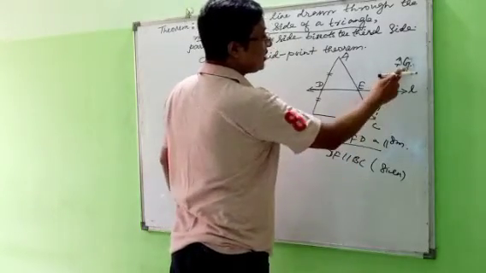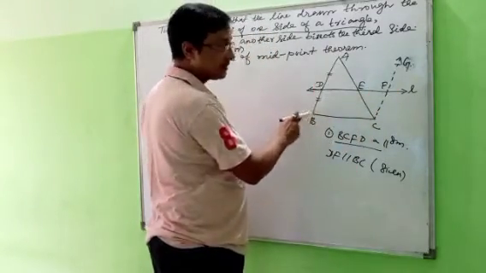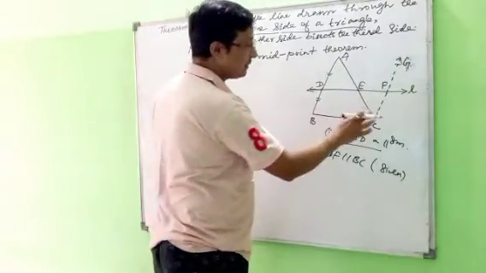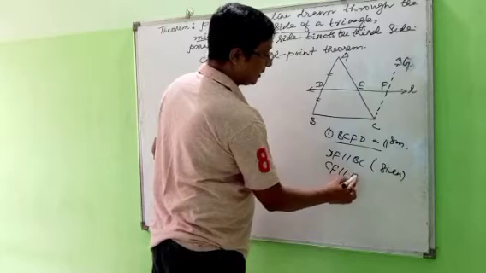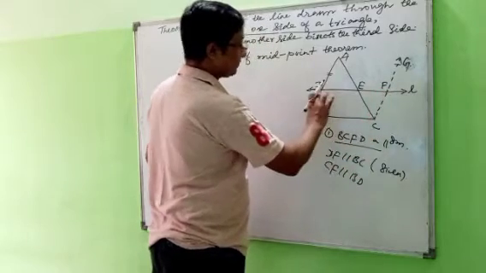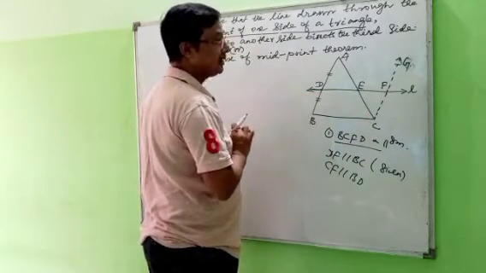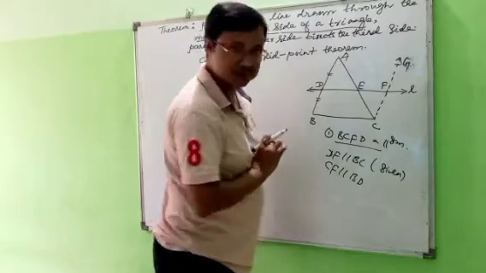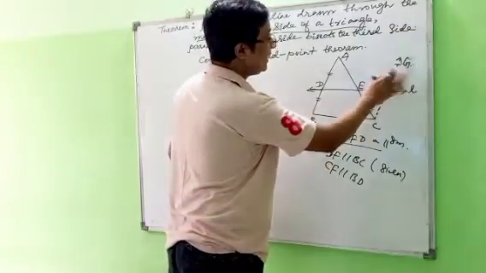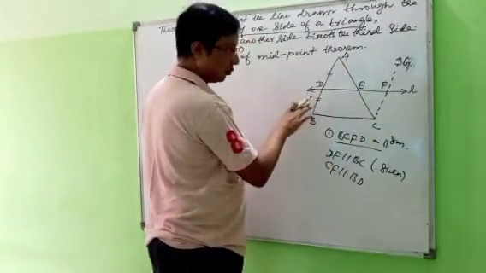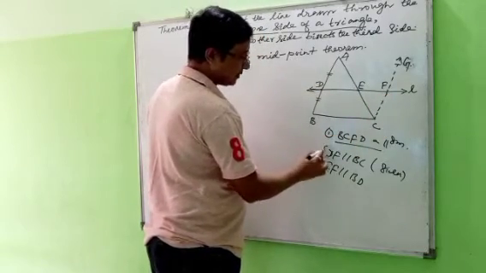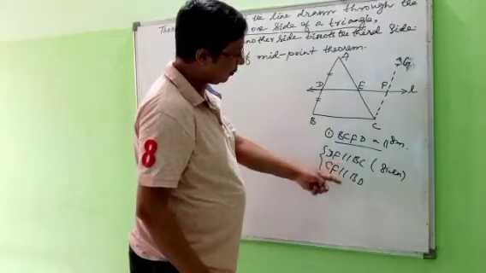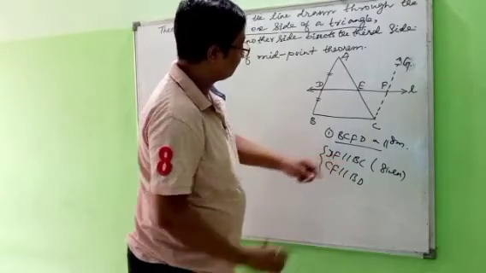Next, CG is parallel to AB. This is true by construction, which means CF is parallel to BD. Why? Because by construction, CG is parallel to AB, so CF is parallel to BD. Now you see both pairs of opposite sides are parallel.